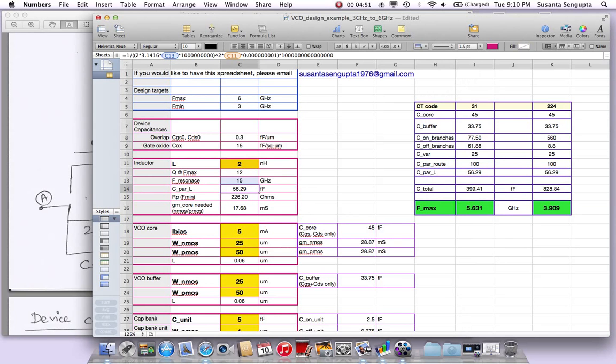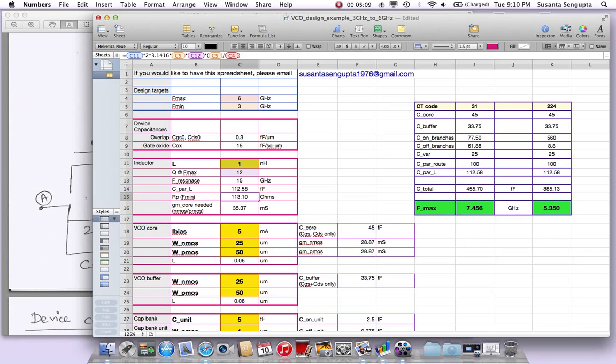So this parasitic value will keep changing based on whatever the value of the L is and whatever the value of the resonance is. I'm making the value of the L a variable, but I'm not making the resonance. I'm just saying that the resonance stays around 15 gigahertz as we are putting it.